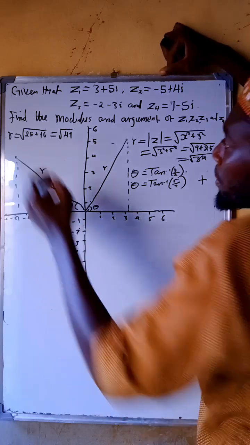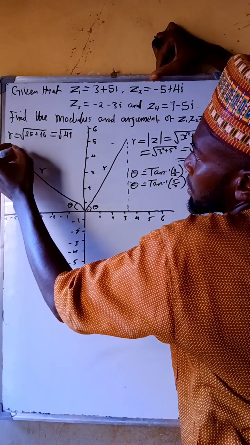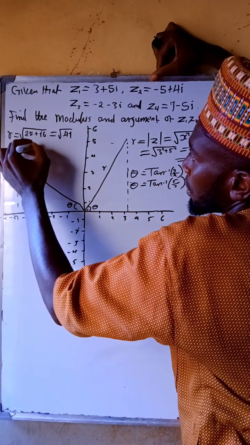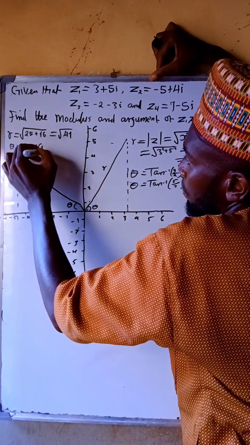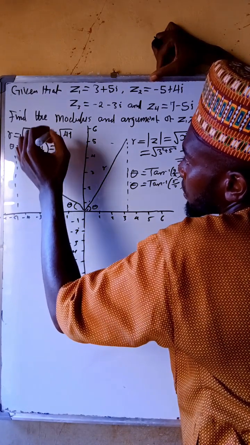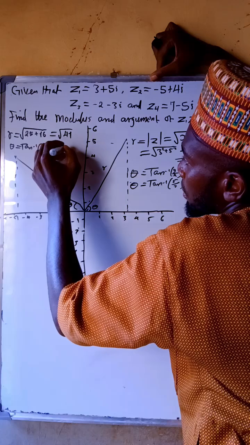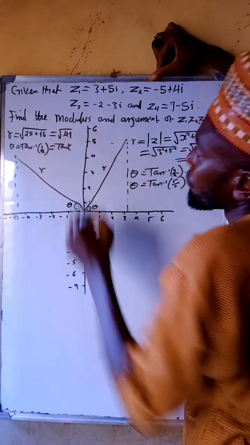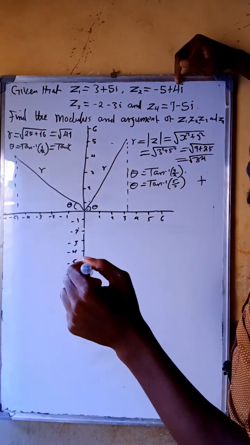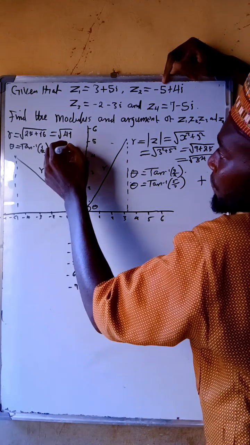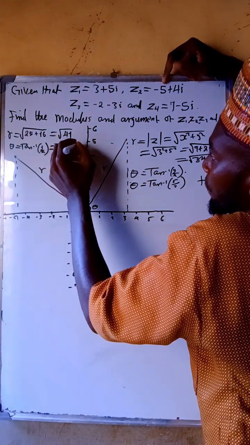And our argument, our theta, is equal to tan inverse of y over x, which is the same thing as tan inverse of 4 divided by negative 5, that is negative 4 over 5.